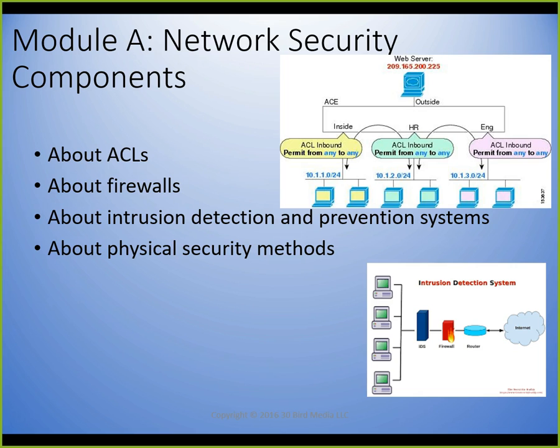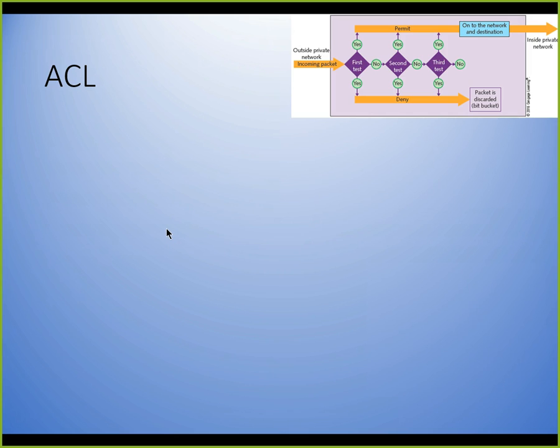What we do with these things and where we apply them can be significant in the way that they help us in the security world. The first thing I have here is ACL, an access control list.